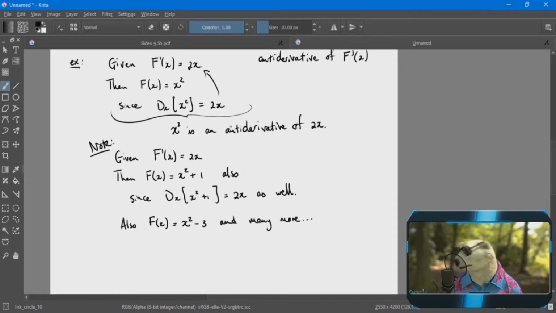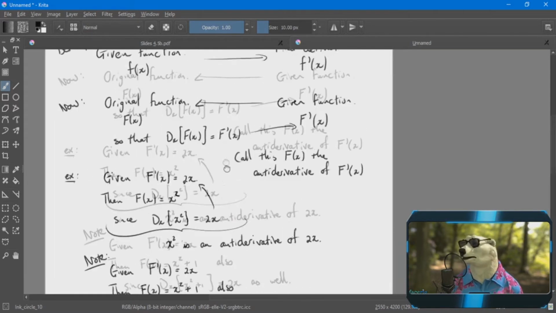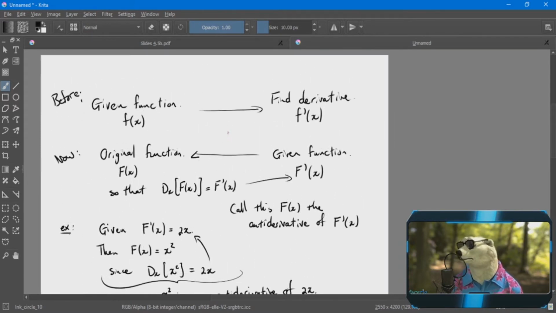So if I go back up here to the top of the page, where the derivative question is given a function, find its derivative, that is unique in its answer. There's only one derivative given the function.